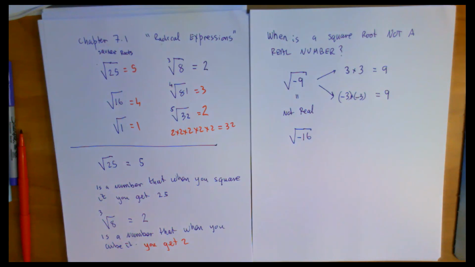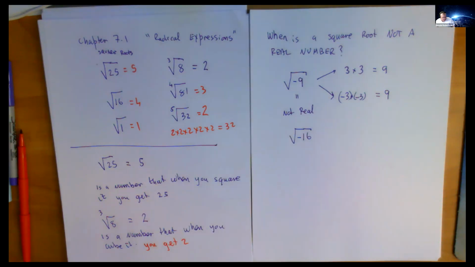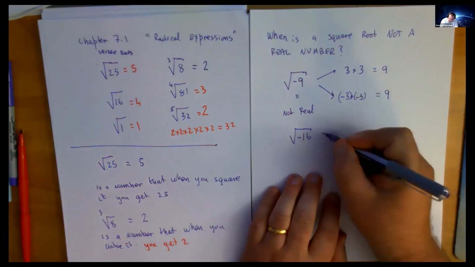Good. What's the short way of just knowing without doing really any calculations? There's something about this and this that makes them not real. That's what it is, isn't it? If this thing inside the square root is negative, won't the answer be it's not real?